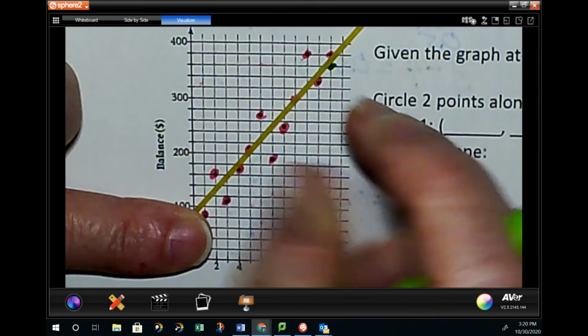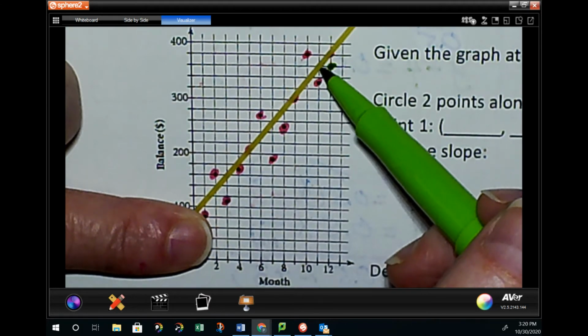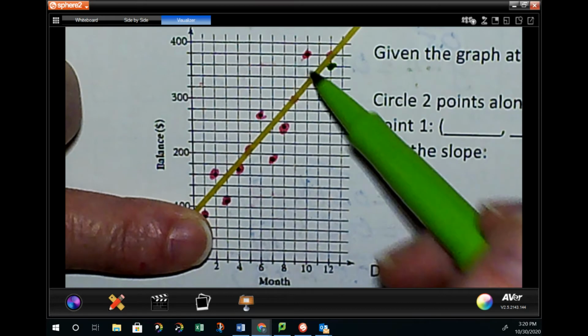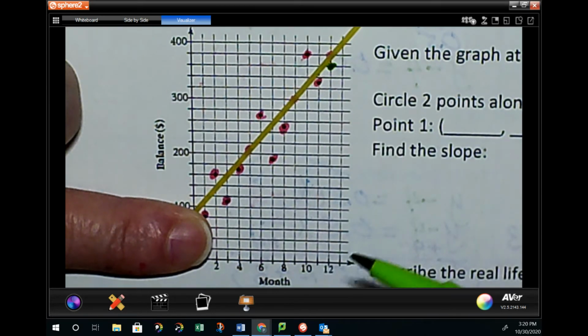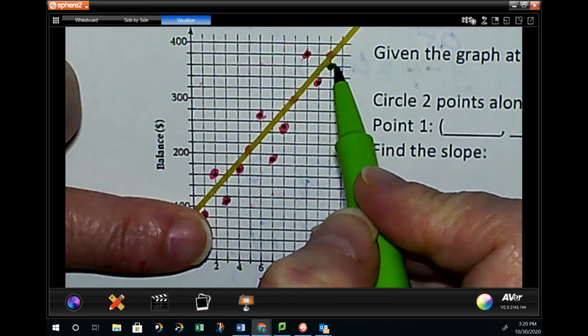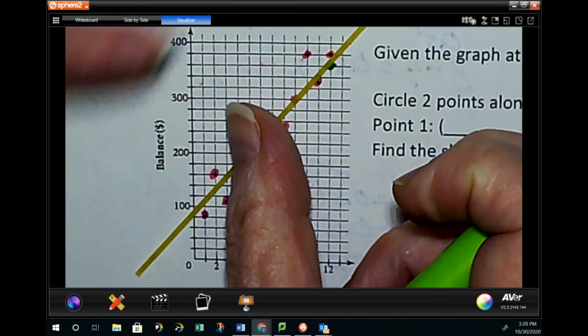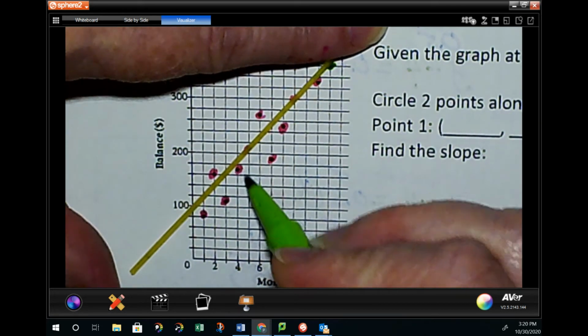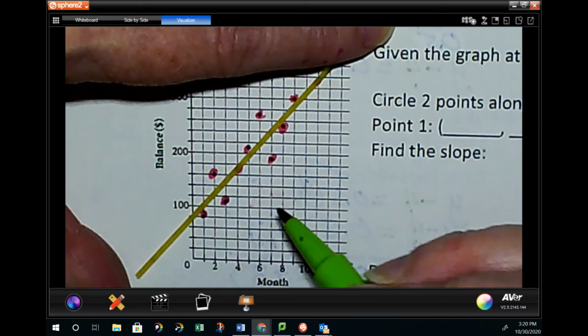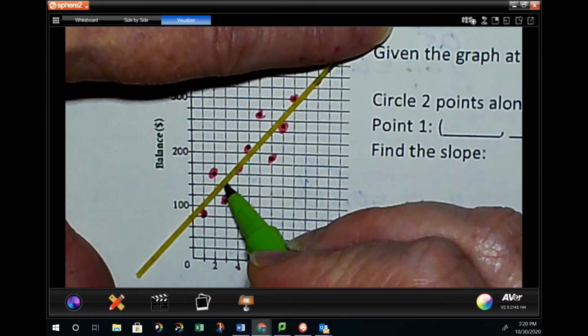When I move it, it's easy to move if I just push it, so if I use it to draw the line, it's going to move and mess me up. So I just make little dots, and then another dot, and that looks about right there.